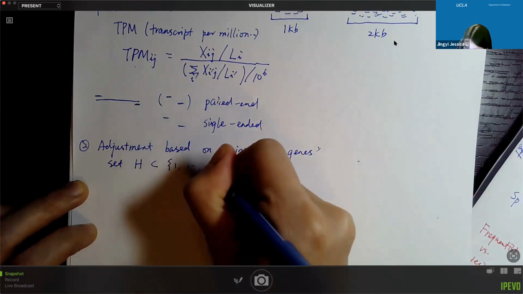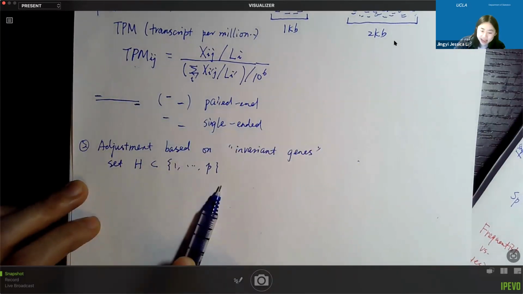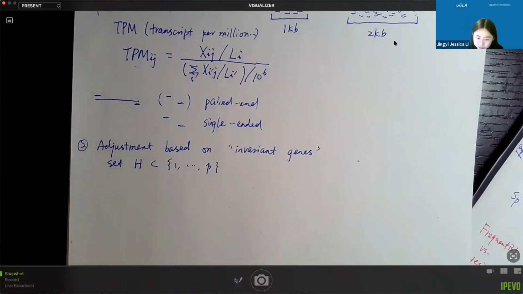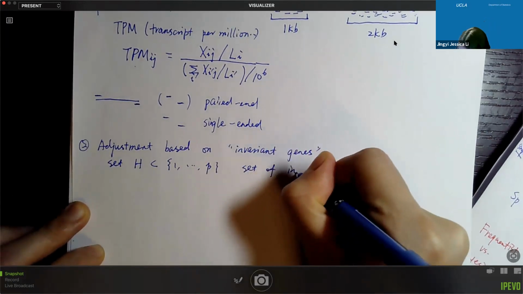Let's say I have P genes in total, and this is a subset of it. I first need to identify it in some way. Then I could calculate a factor for every sample based on this set of invariant genes.